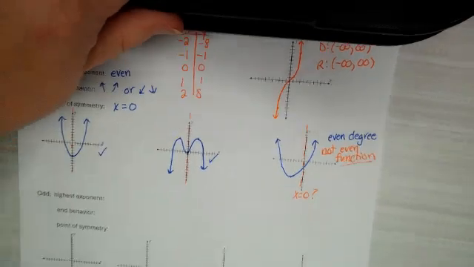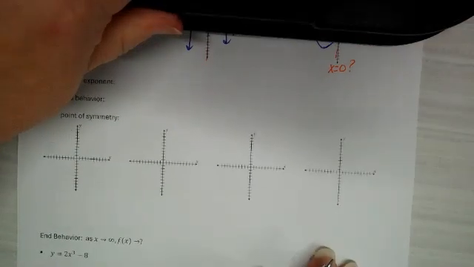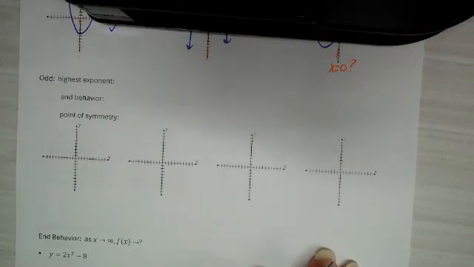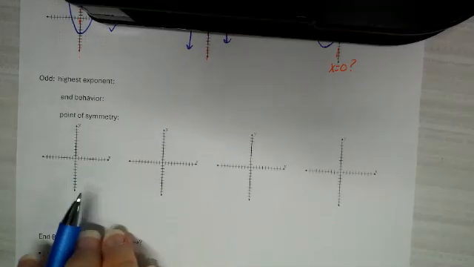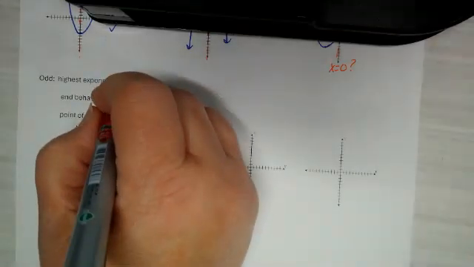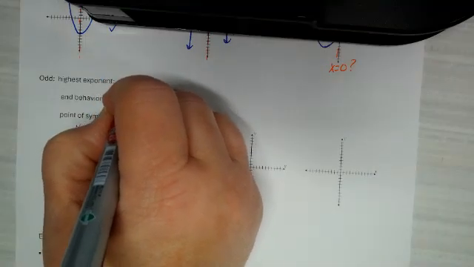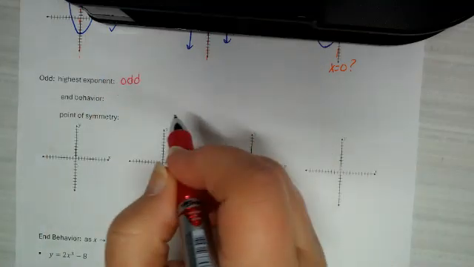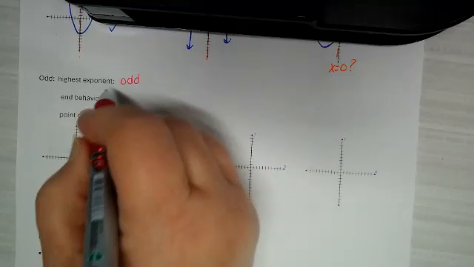All right, let's talk about odd functions. Again, I can have an odd degree to a function, but to be an odd function, these are the characteristics we're looking for. The highest exponent is going to be an odd number. Your ending behavior, the arrows go opposite directions.